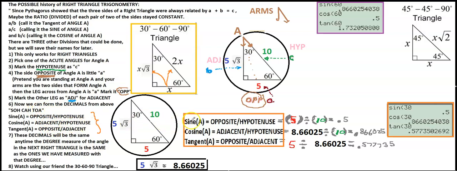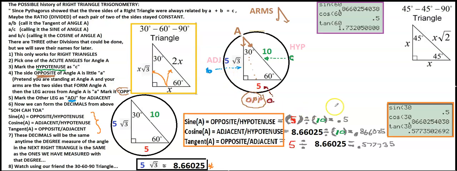So if I perform the division, opposite divided by hypotenuse would be 5 divided by 10. Adjacent divided by hypotenuse would be 5 radical 3, but that has a decimal answer, so 5 radical 3 divided by 10. And the tangent would be the opposite divided by the adjacent.